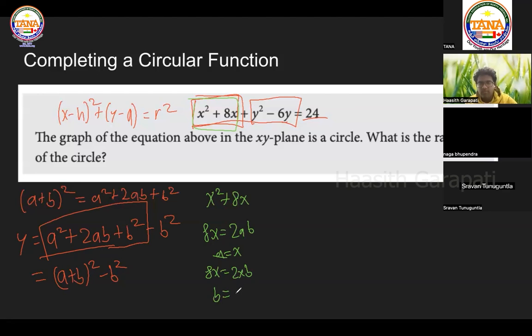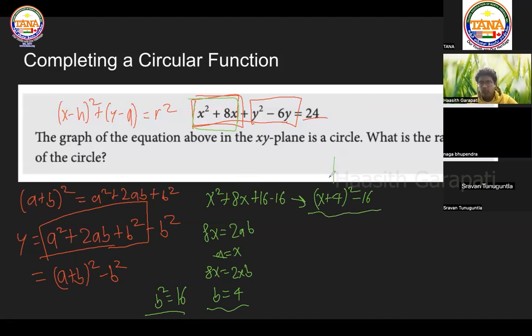That means b has to be equal to 4, right? So the b squared value is going to be 16. We can do plus 16 minus 16 and turn this into x plus 4 squared minus 16.